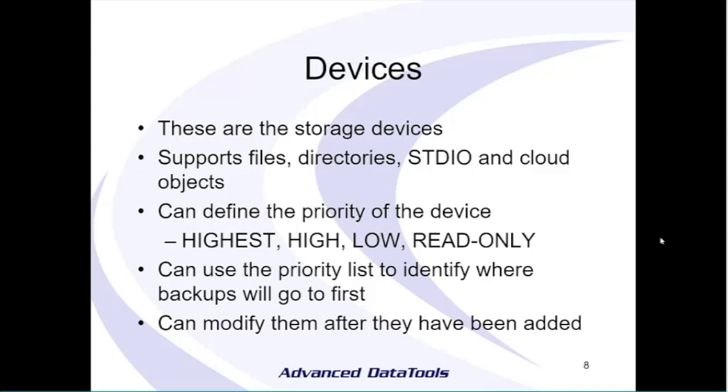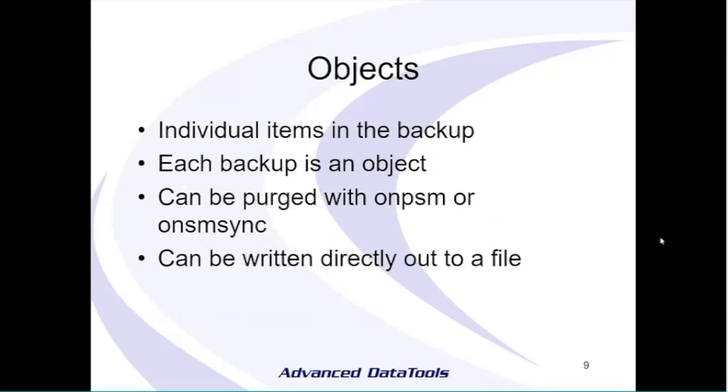So inside each device now, you have objects. These are the individual backup objects themselves. So this would be something like a log file that has been backed up is now an object. The data DB space that's been backed up is an object. Some of the other files that Onbar will back up are objects.